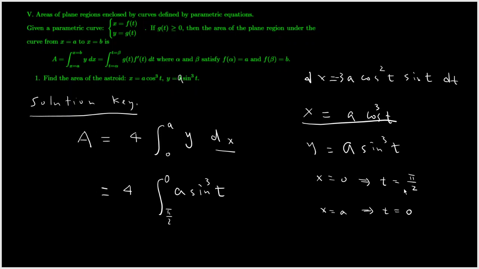You just get the differential of x. I'll put everything in. Negative 3 a cos of t squared, and then sine of t dt.